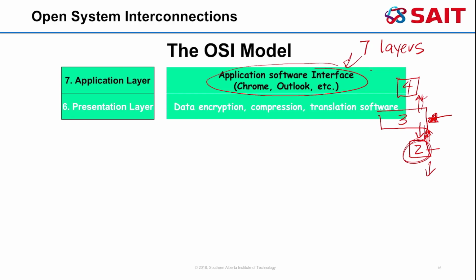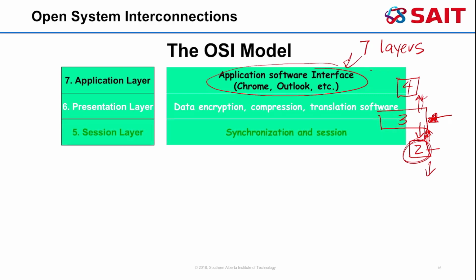Layer 6 is where we involve data encryption. We compress the data to package it to move over the wide area network. And this is where we include translation software as well, at the presentation layer, layer 6. Okay, layer 5 is the session layer.